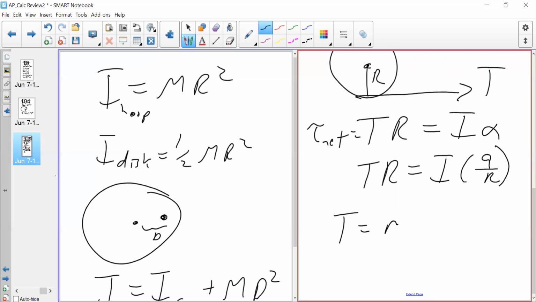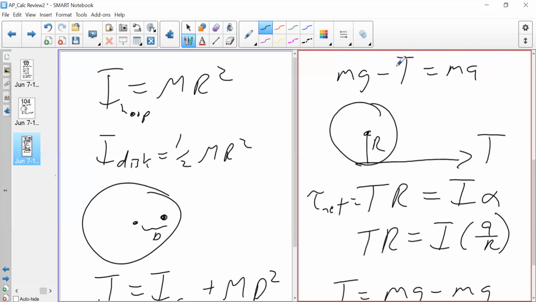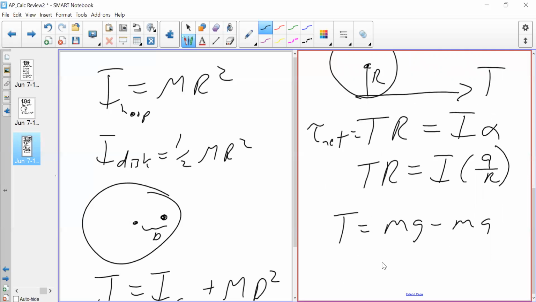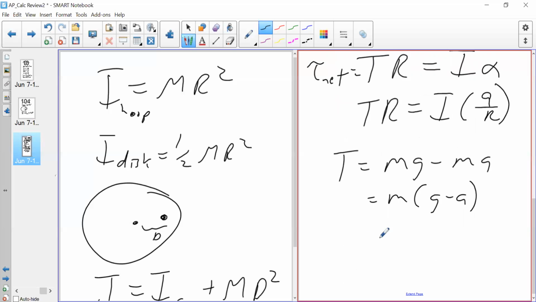So let's get the tension first. Tension is going to be mg minus ma. If you just rearrange this and plug in your numbers, 0.05 times 9.8 minus 3.04.